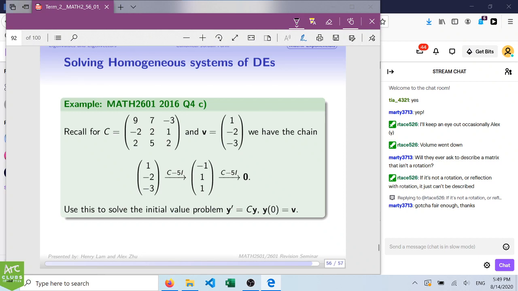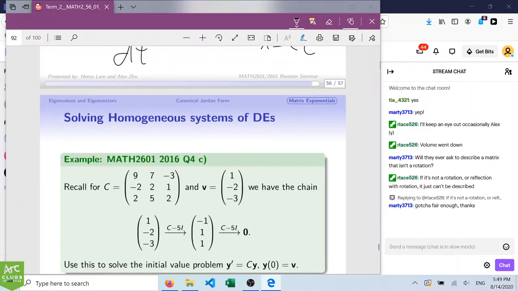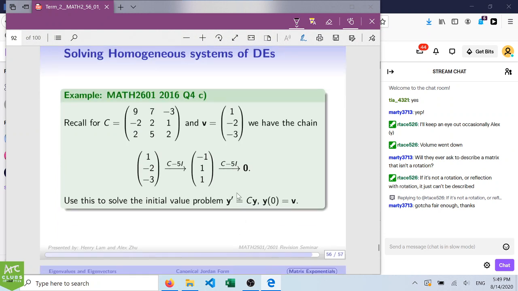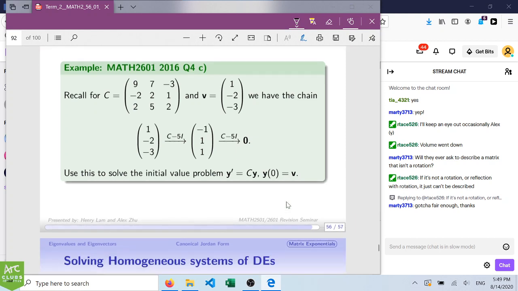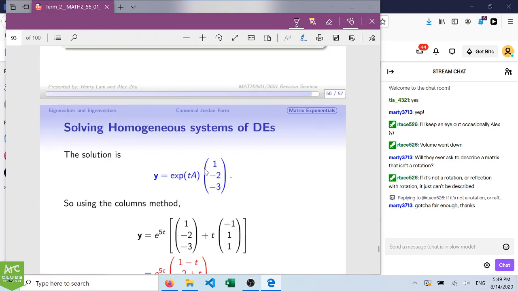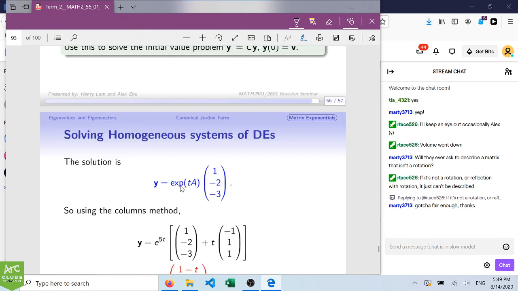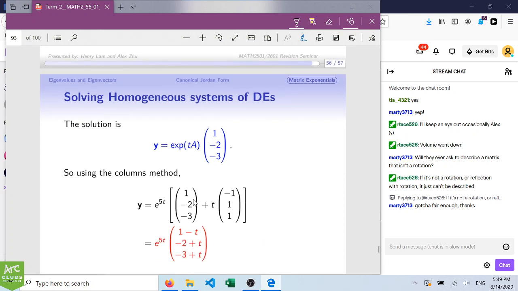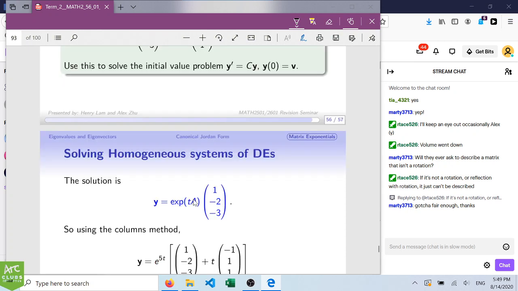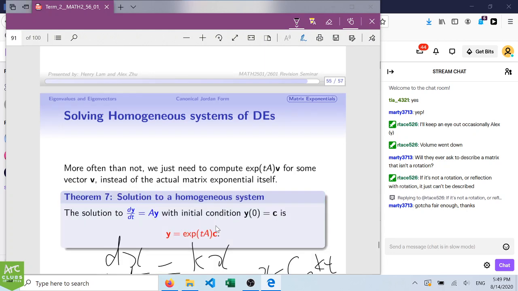Let's look at an example. Recall that we have this same matrix as the previous part, and we have this generalized eigenvector and this chain, so we can use this to solve the initial value problem. First you look at this generalized eigenvector, and then apply it to the exponential of tA. This is the solution because of this property over here.